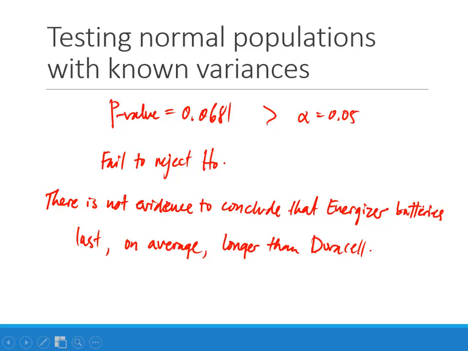Remember our alternative hypothesis said that the Energizer batteries do last longer, and here we say we don't have evidence for that. So there is not evidence to conclude that is true.